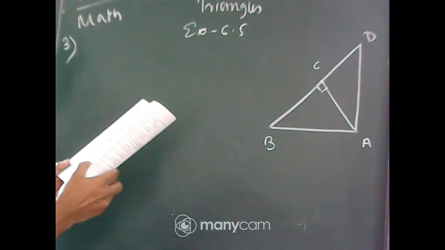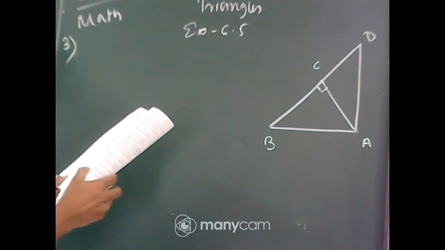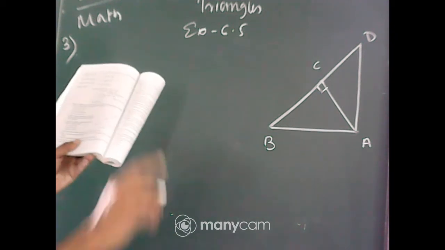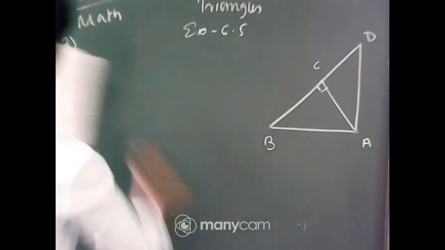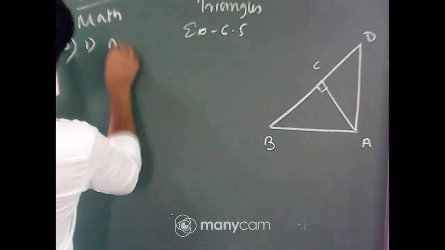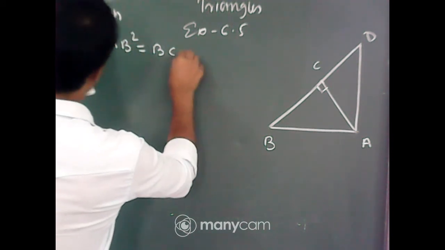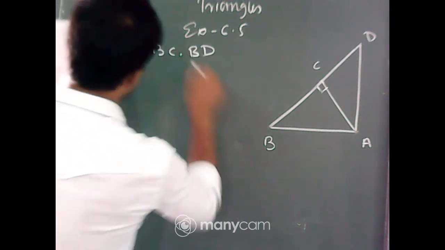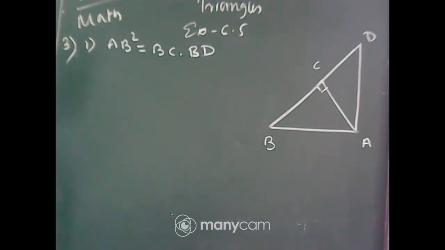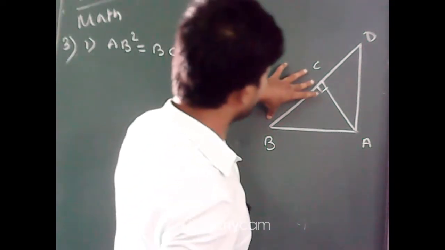ABD is a triangle right angled at A, and AC is perpendicular to BD. To show that, there are 1, 2, 3 parts. So let's start the first part. We have to show AB square is equal to BC into BD.